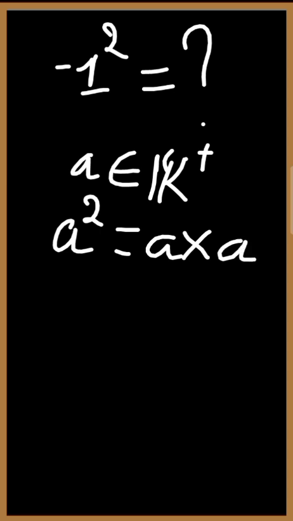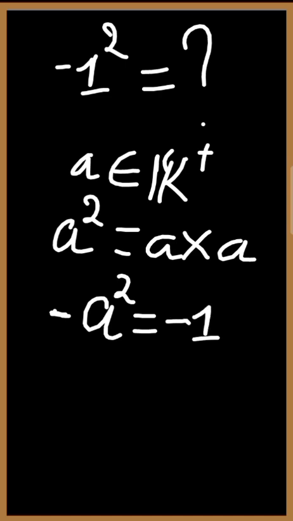Now, if we have a negative sign in front of A squared, without the A being in bracket, it simply means we have to take negative 1 times A squared, like this.